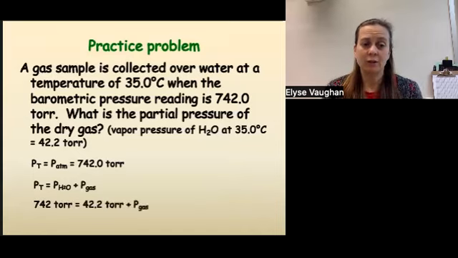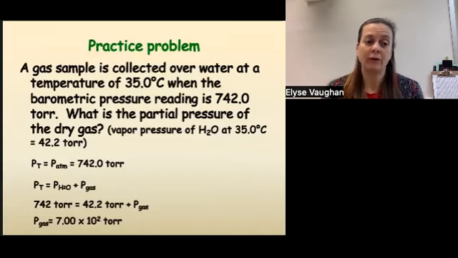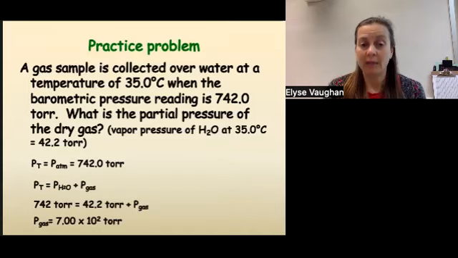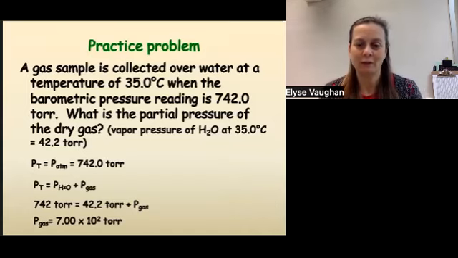So I just substitute in the partial pressure of the water, and I'm able to determine that the pressure of the gas is 7.00 times 10 to the second torr, or 700 torr. We need to express that with three significant figures, so we change it into scientific notation. That's an example of Dalton's law of partial pressures.